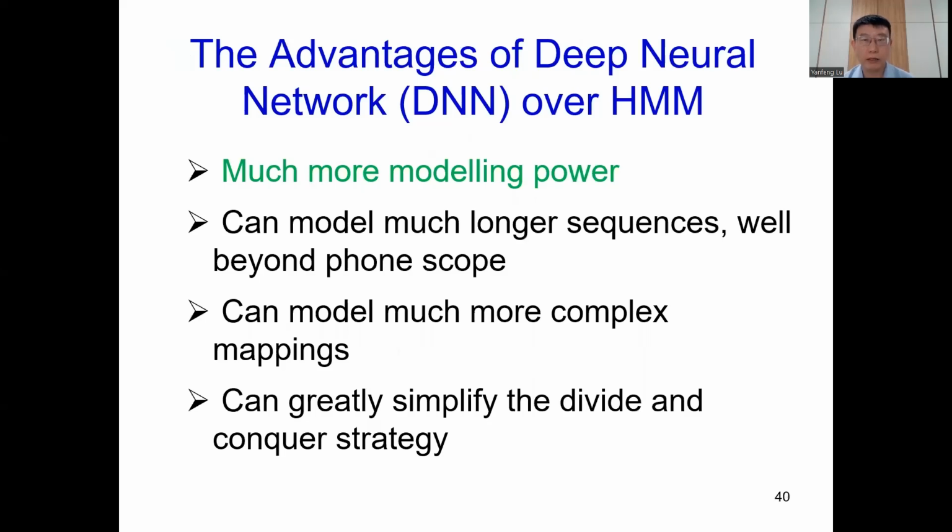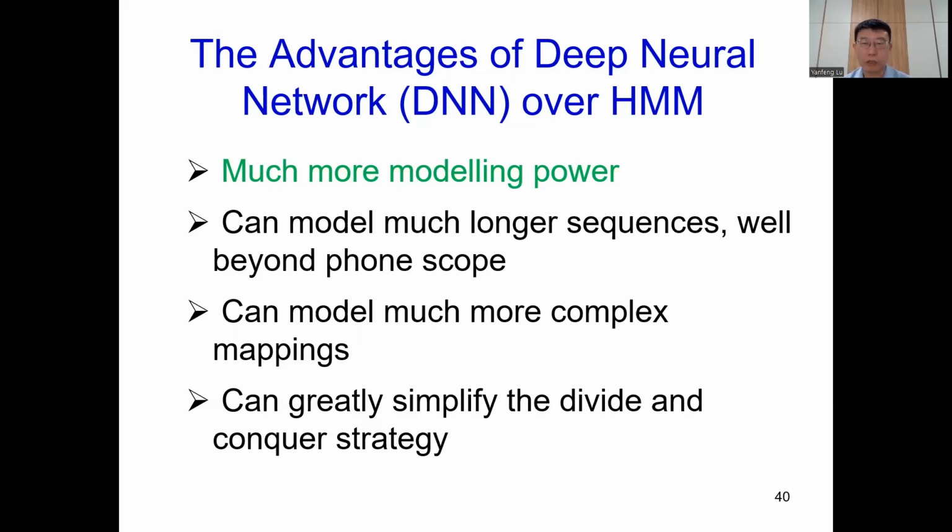We can do a quick comparison between the deep neural network and the hidden Markov model. The major difference is that the deep neural network has much more modeling power than a hidden Markov model. Based on that, with the deep neural network, we can model a much longer sequence, well beyond the phone scope.